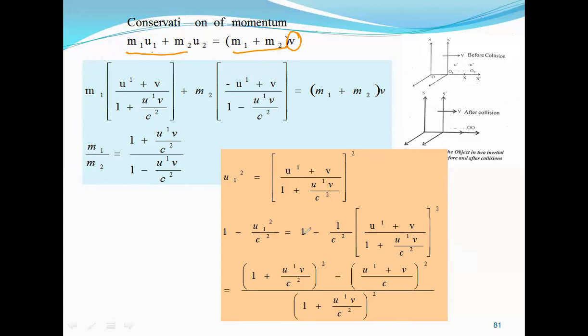So I am writing m1 u1, where u1 is the inverse transformation: u1 prime plus v by 1 plus u1 prime v by c square, plus m2. Since the second object is going in the opposite direction, minus u prime plus v by 1 minus u1 prime v by c square, equal to m1 plus m2 times v.